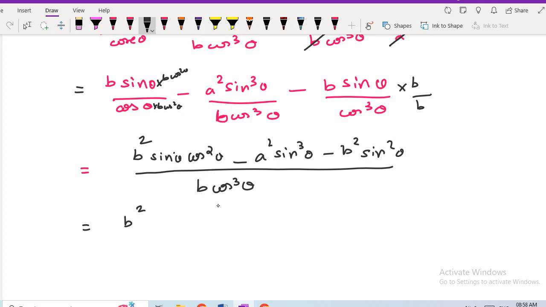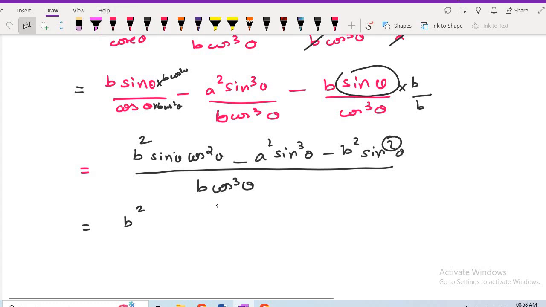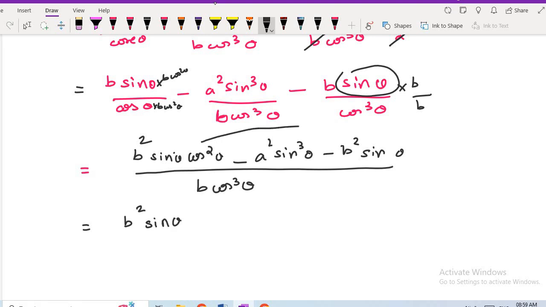Yes, here I made a mistake. See here what we are having is only sin theta, but what I wrote here is sin square theta. So this is simply sin theta. While writing, write carefully. So this is only sin theta. Now we can write b square sin theta commonly outside in this term and this term.